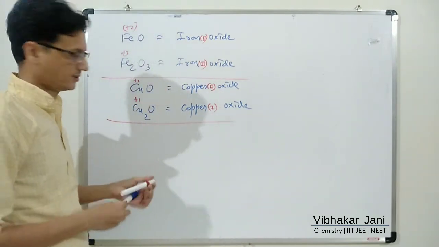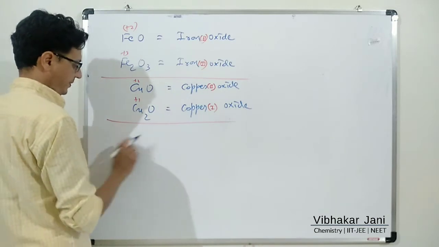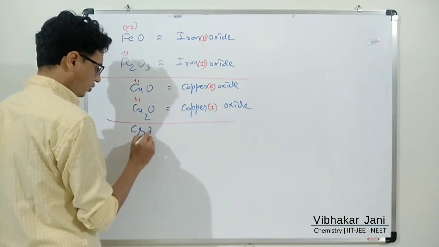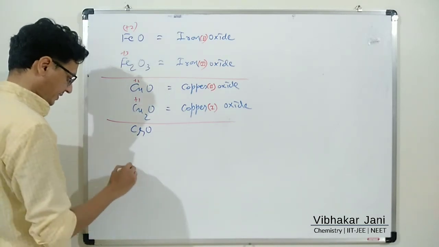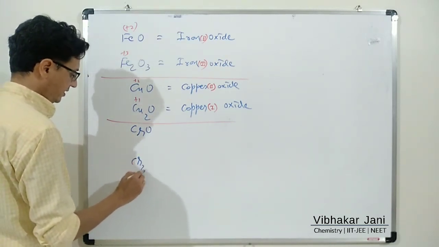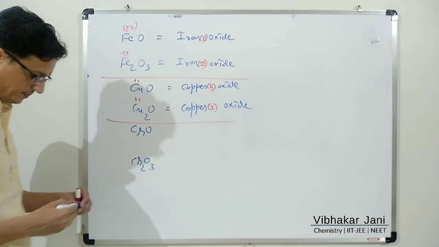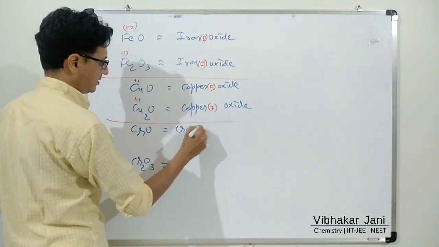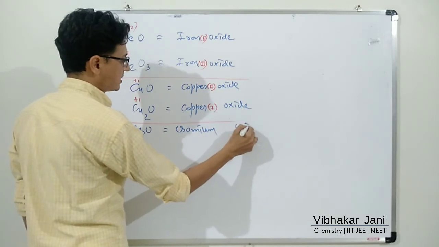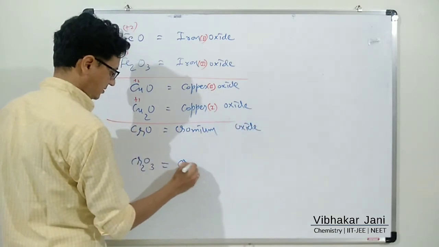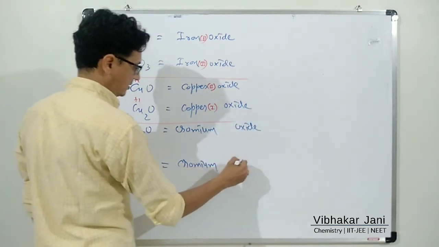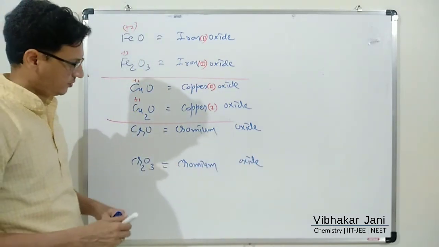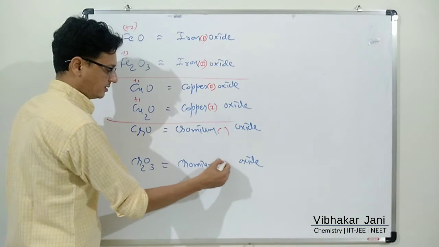Some more examples. CrO and Cr2O3, both are chromium oxide. So we will write the oxidation state in Roman numerals.